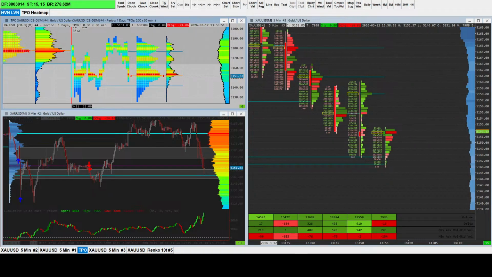Come on, can we get a close above him? Please, pretty please. Look at that. Boom. Low volume node. Bang.